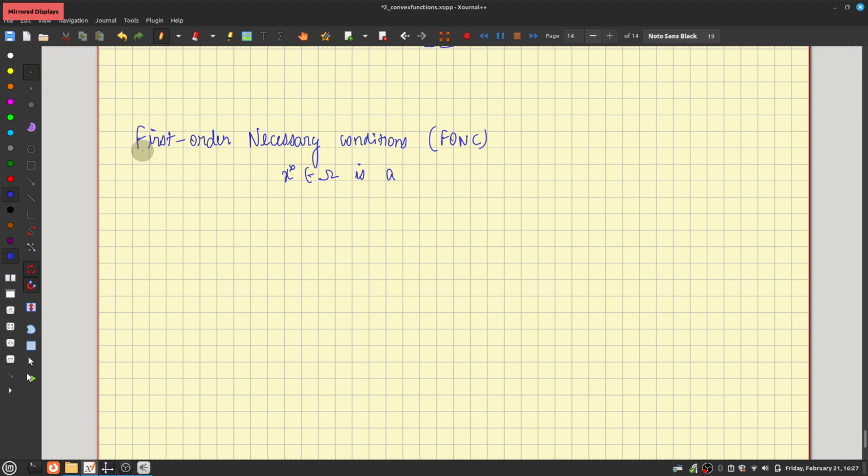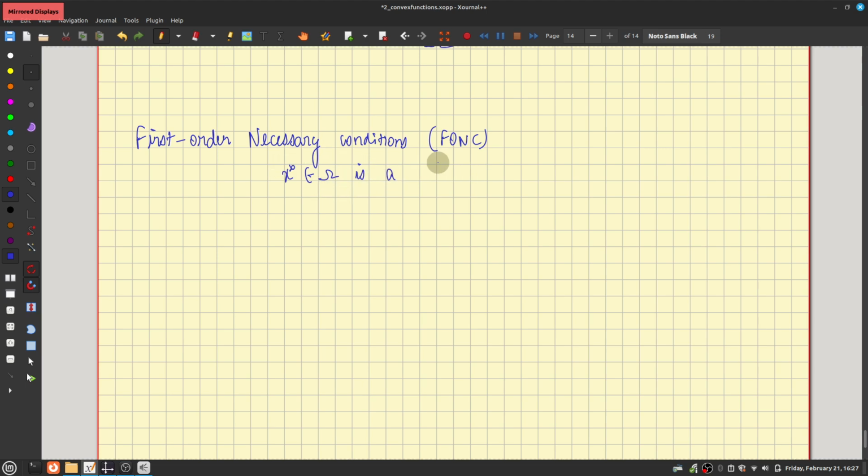When it is some property which deals with just the function value itself, we typically say a zeroth order something. So the first order necessary condition is essentially a necessary condition which tells us something about the first order derivative or the gradient.